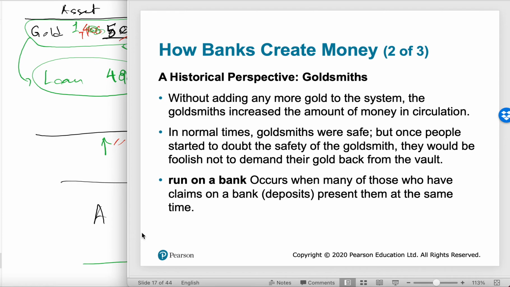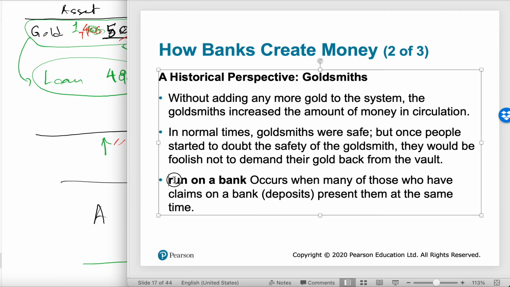by the governments. So in normal times, goldsmiths were safe, but once people started to doubt the safety of the goldsmiths, they would be foolish not to demand their gold back from the vault. So this is the phenomenon which I call a run on a bank. It occurs when many of those who have claims on a bank or deposits present them at the same time.